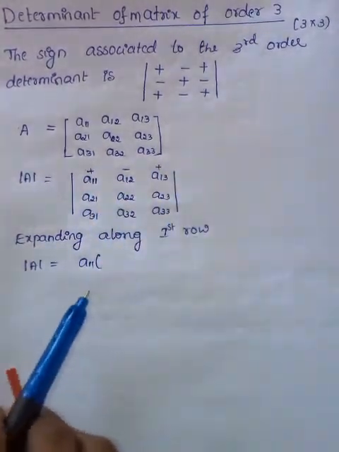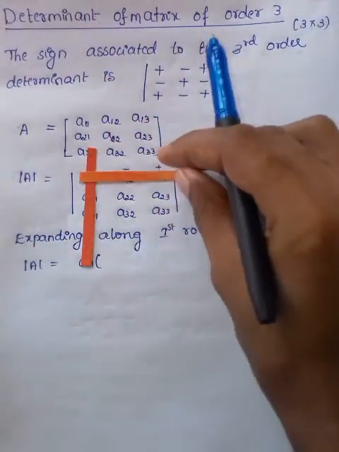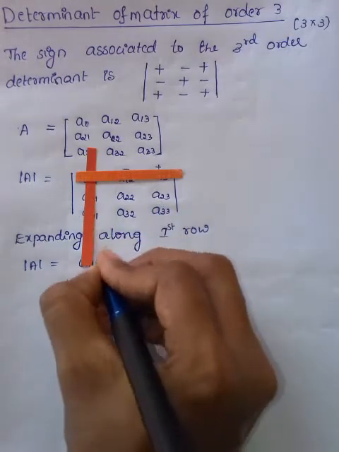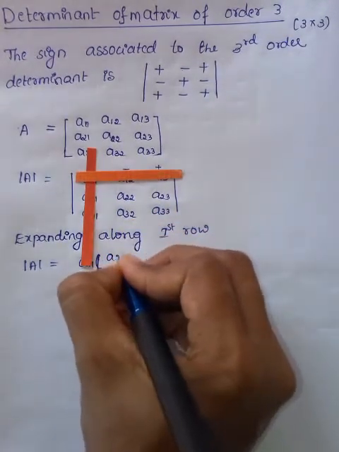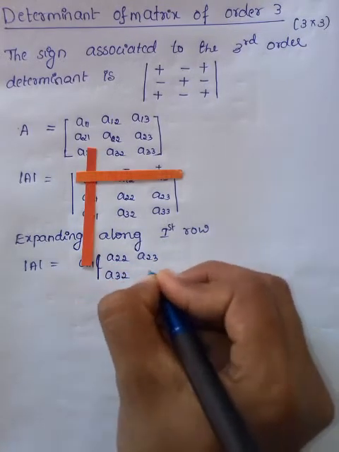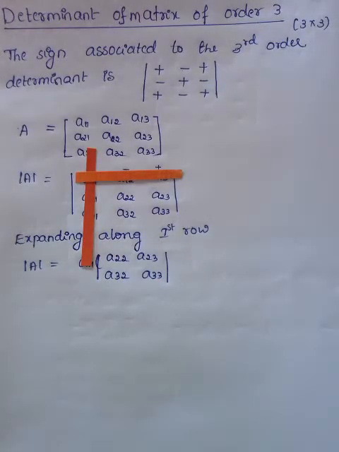So leave this column and this row. Then the remaining is a second order determinant, that is the determinant of A22, A23, A32, A33. That is a second order determinant.